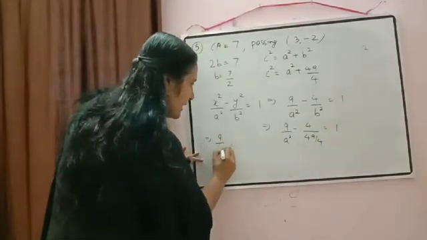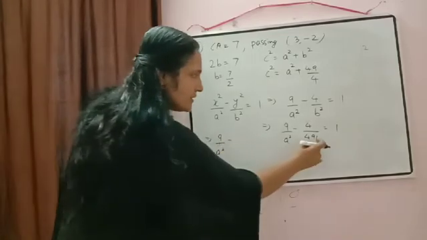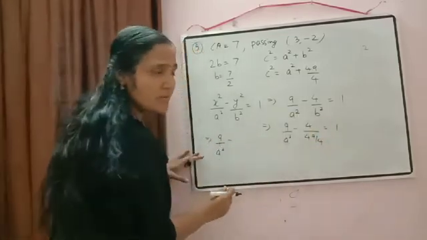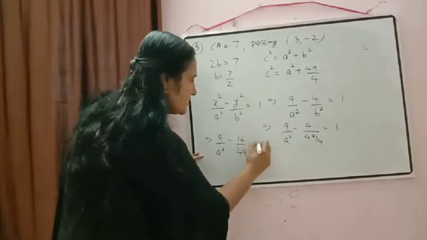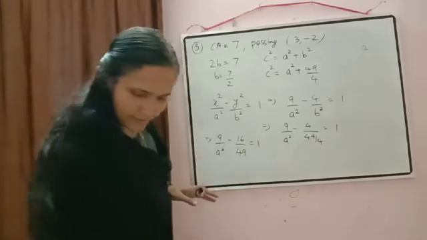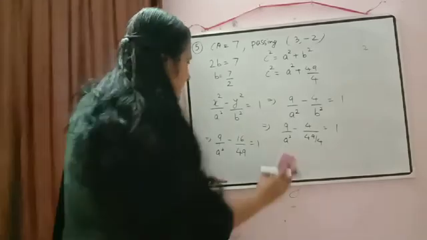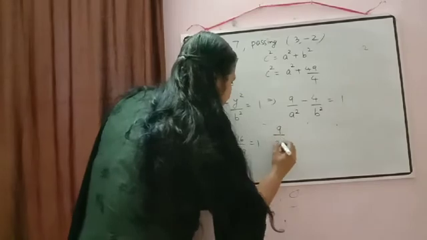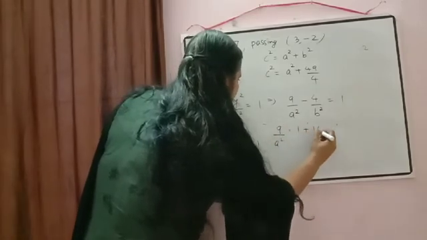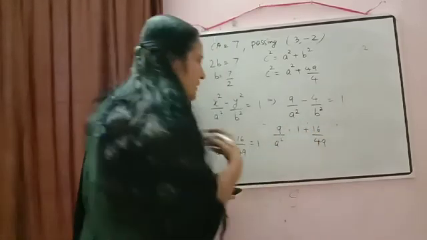So 9 by a square minus this 4, where will it go? It will go to the numerator. So we will get here 16 by 49 is equal to 1. Then what will come? Yes, 9 by a square is equal to 1 plus 16 by 49.